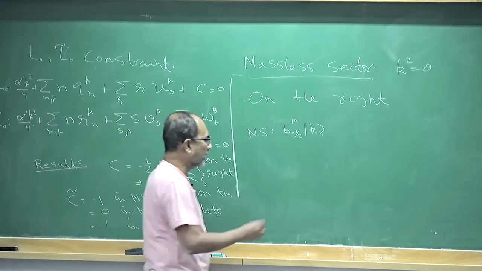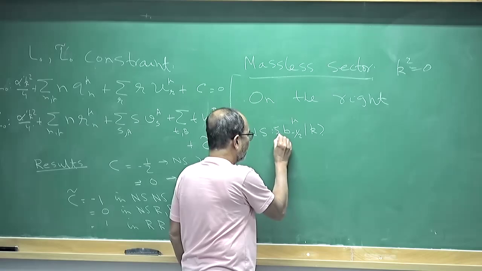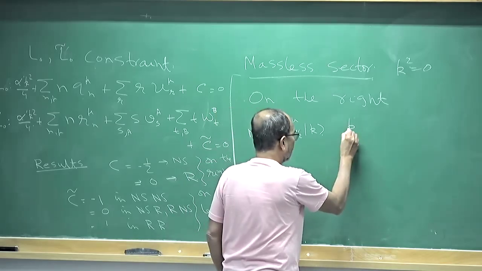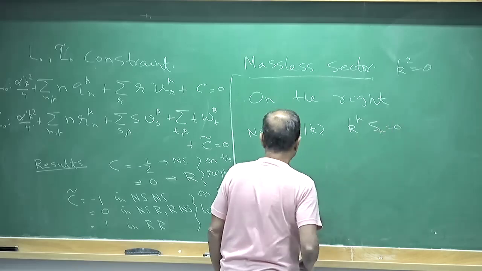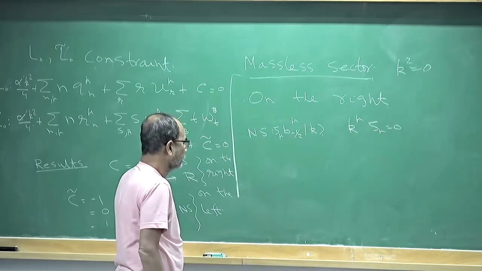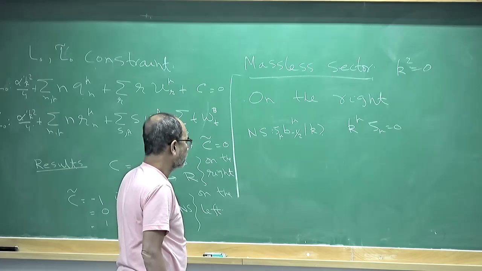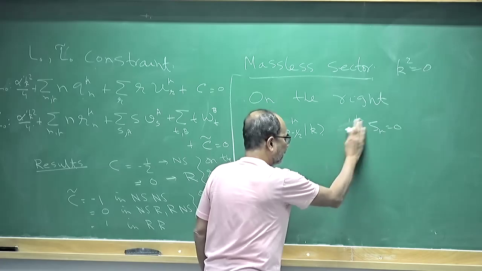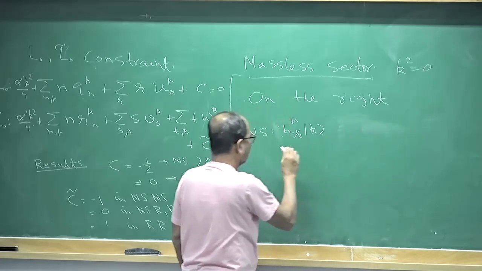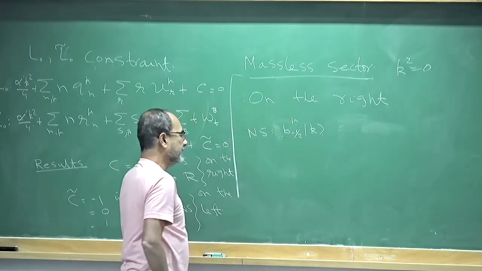And you have to satisfy this: let me put a zeta mu, and you have to satisfy k mu zeta mu equal to 0. I can impose this at the end after combining both left and right. Right now let's do the L0 only.